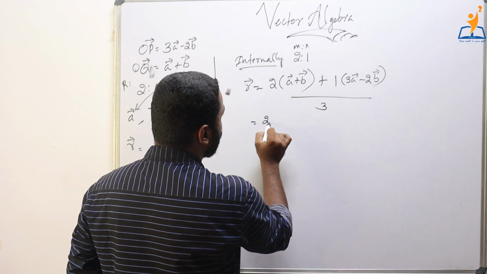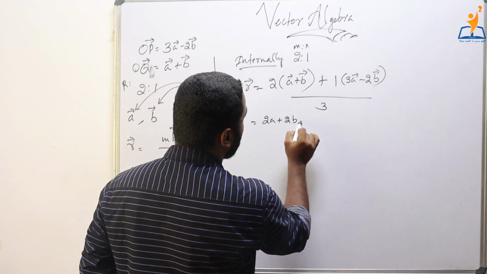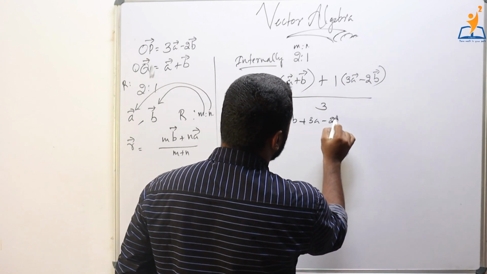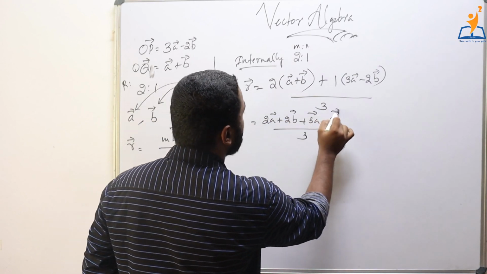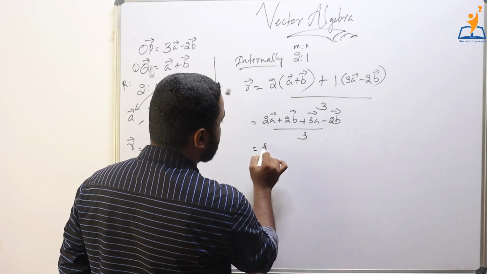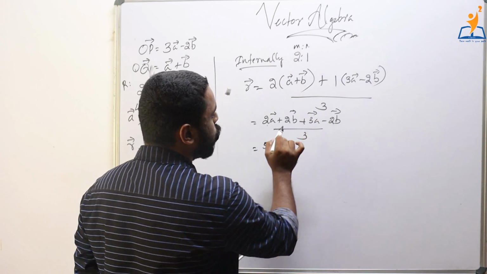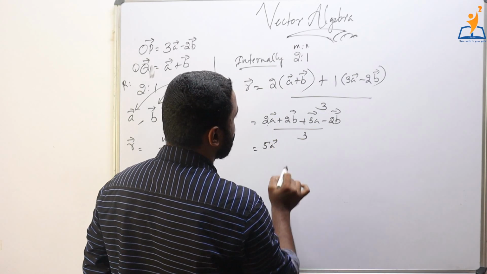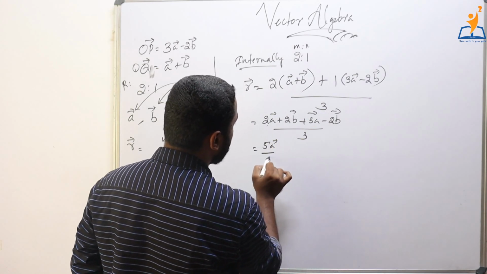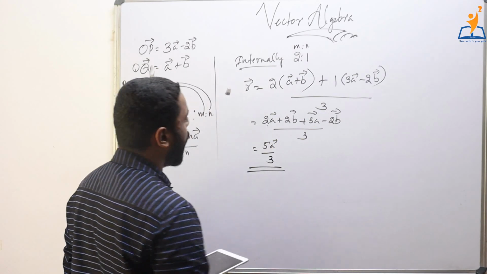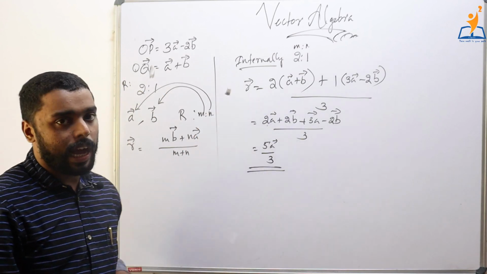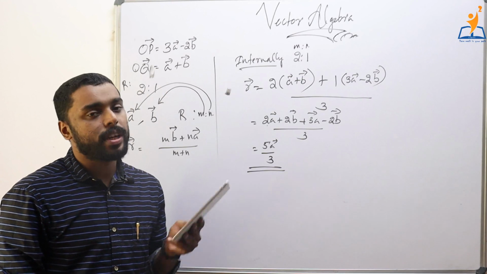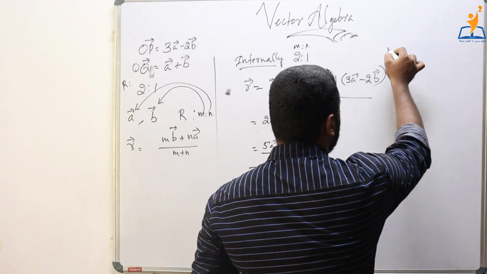It is equal to (2a plus 2b plus 3a minus 2b) divided by 3. Now 2a plus 3a is 5a, and 2b minus 2b is 0. So 5a by 3 will be the position vector of the point R which divides the points internally in the ratio 2:1.